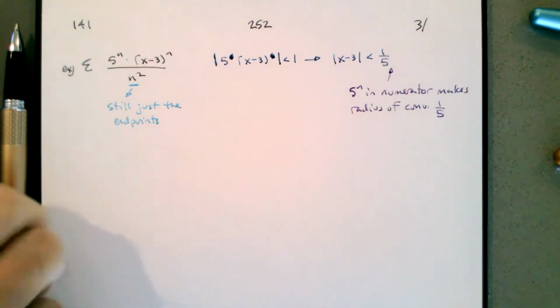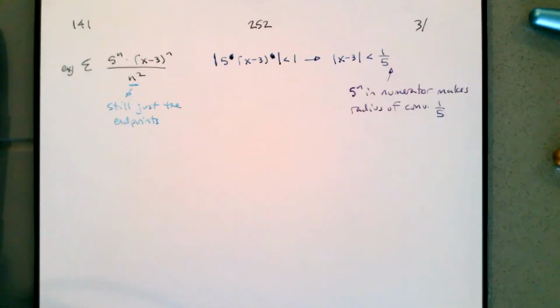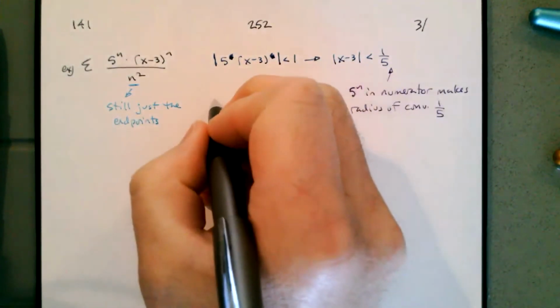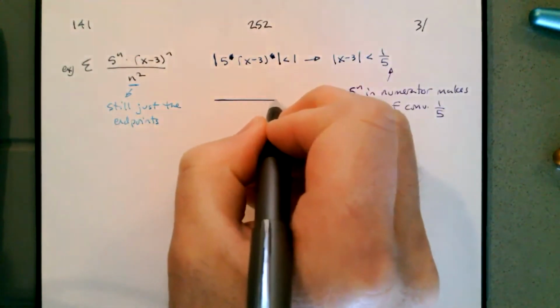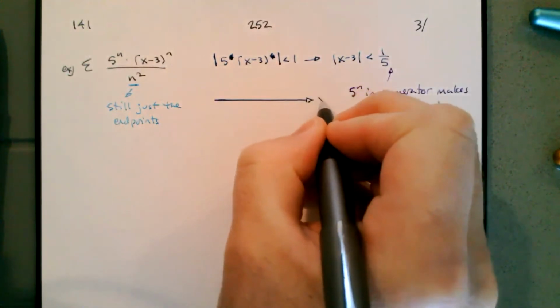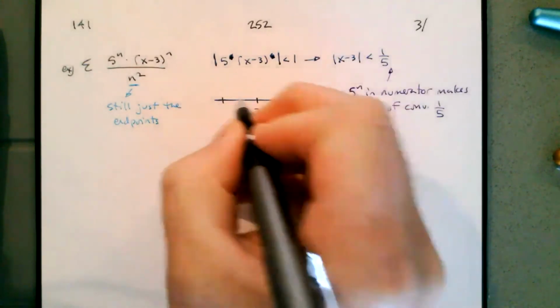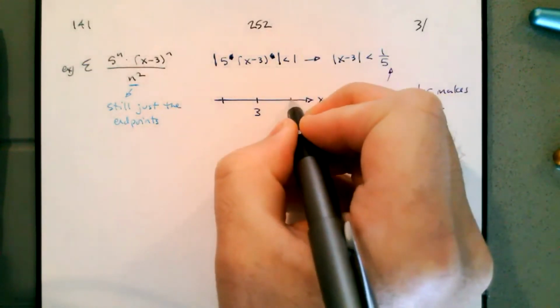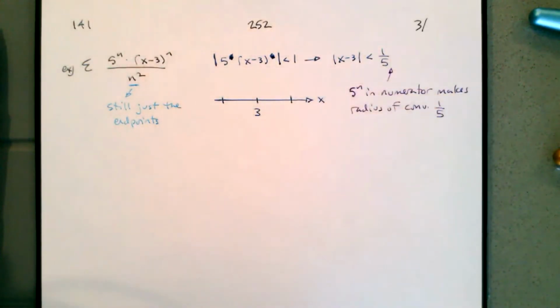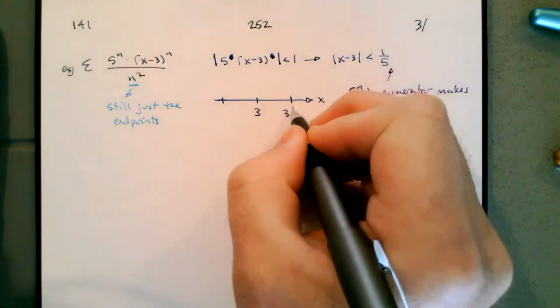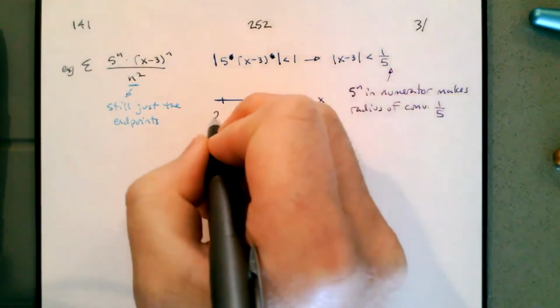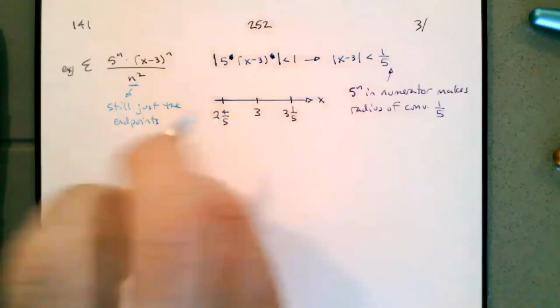So this is everything within 1/5 of a unit of 3. I'm going to draw my interval of convergence and find my endpoints. In the middle we've got a 3, and I've got this little tiny radius of 1/5. I know I draw the radius the same size every single time. So it goes up to 3 and 1/5 and down to 2 and 4/5.